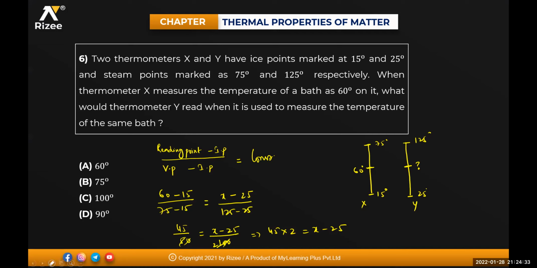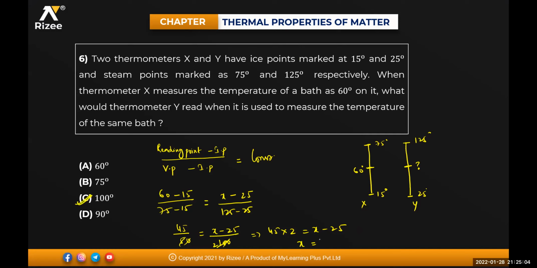How much am I getting for the value, beta? कितना आ रहा? What am I getting as the answer, beta? 115. 115 is not there, so I can write the nearby answer as 100 degrees centigrade.